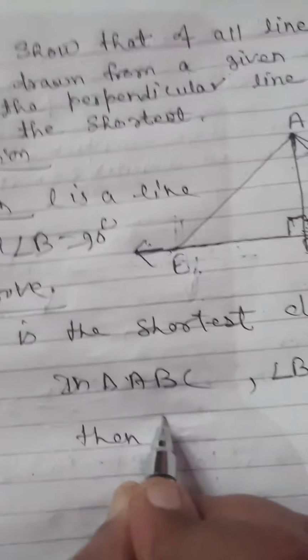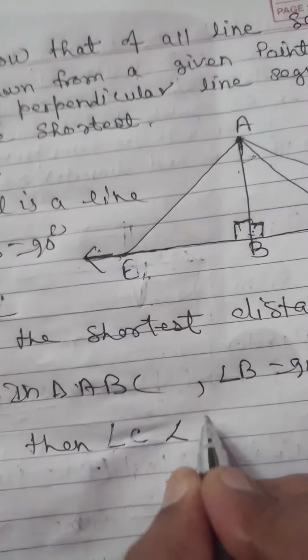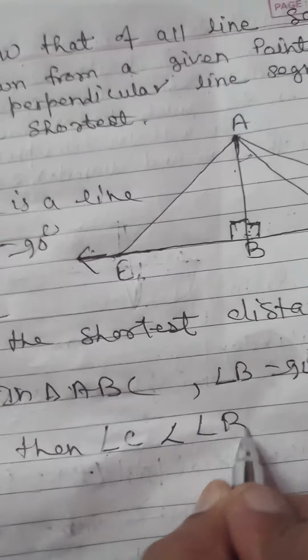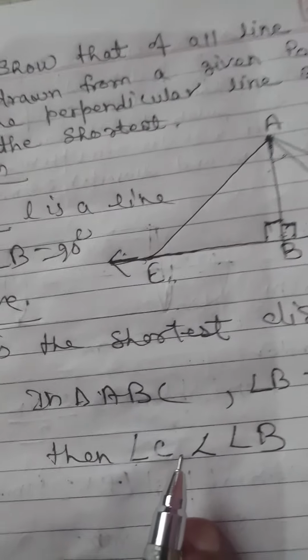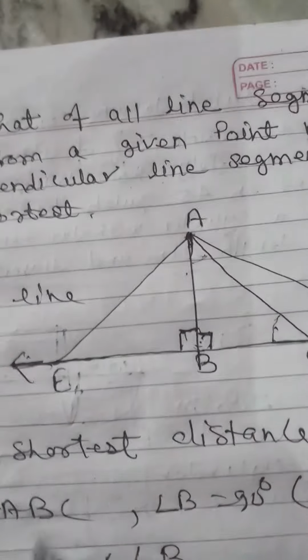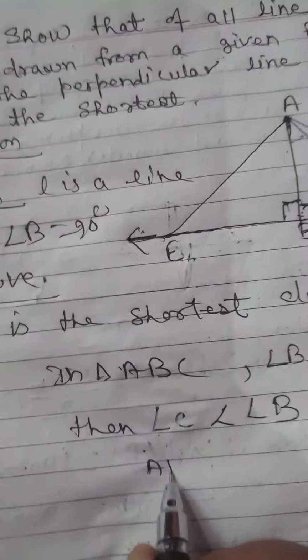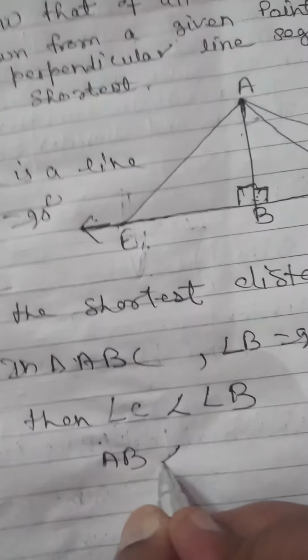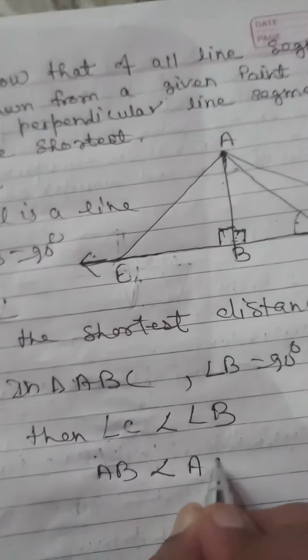Then angle C is less than angle B. If an angle is less, then its opposite side is also less. The opposite side of angle C is AB, so AB is less than the opposite side of angle B, which is AC.